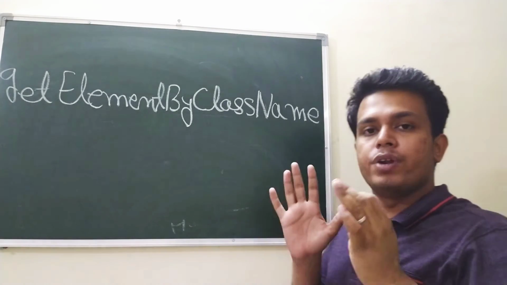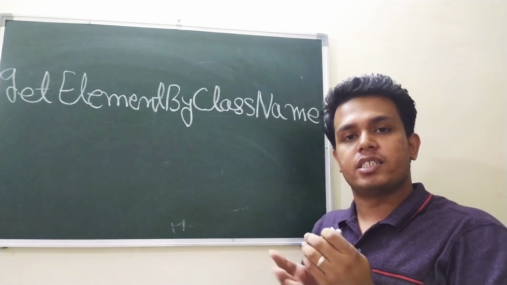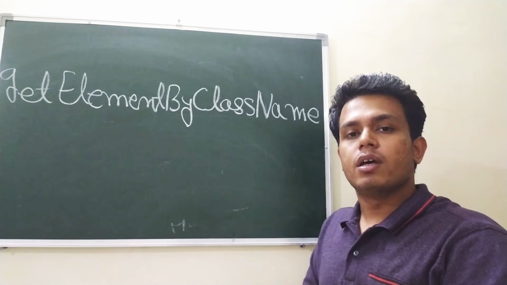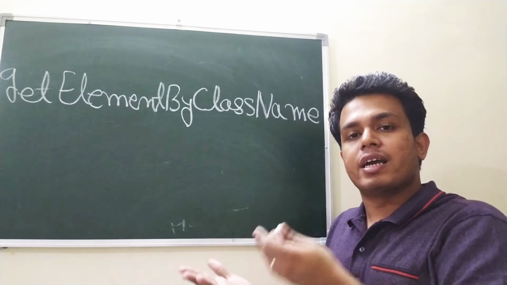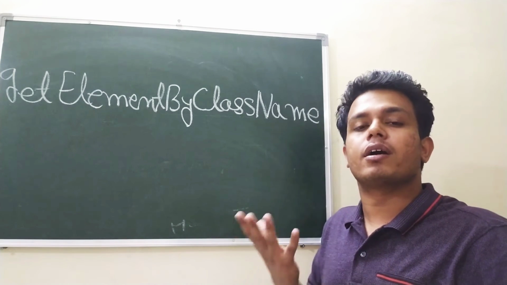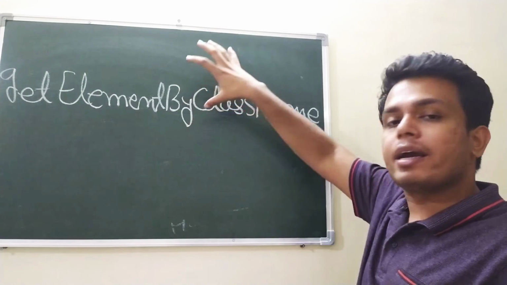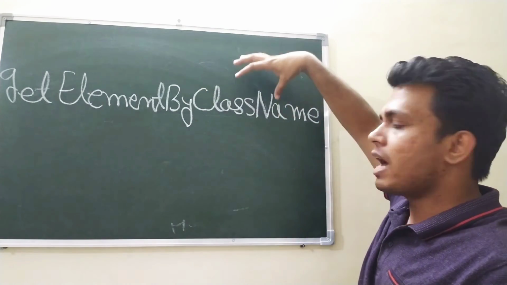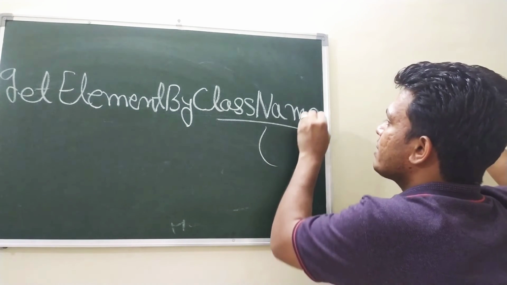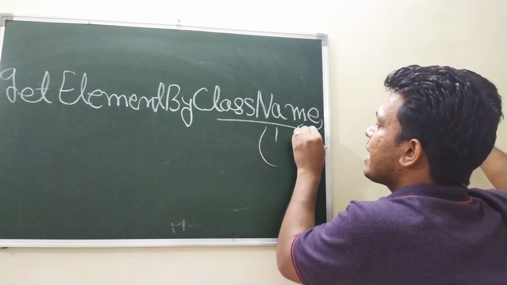As you know, we define classes in HTML, sorry, for CSS, for applying one single CSS to multiple elements. We apply the classes, we have used the concept of classes. You can grab the element with the help of class name also. What you need to do is, after this, pass the class name here.